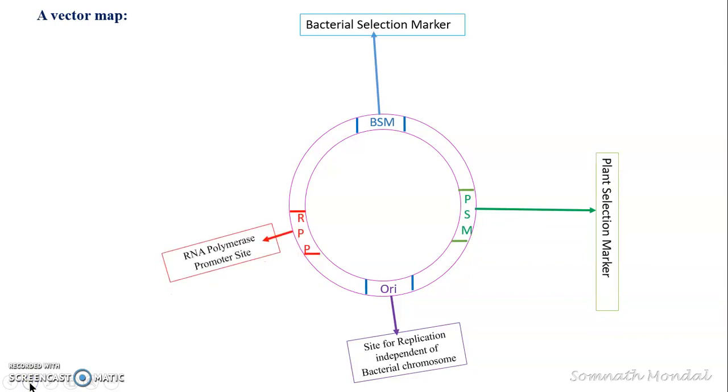Then an RNA polymerase promoter site. The left border tDNA and right border tDNA sequences we will discuss in part 2, when we discuss Agrobacterium tumefaciens, more about the transferred DNA.